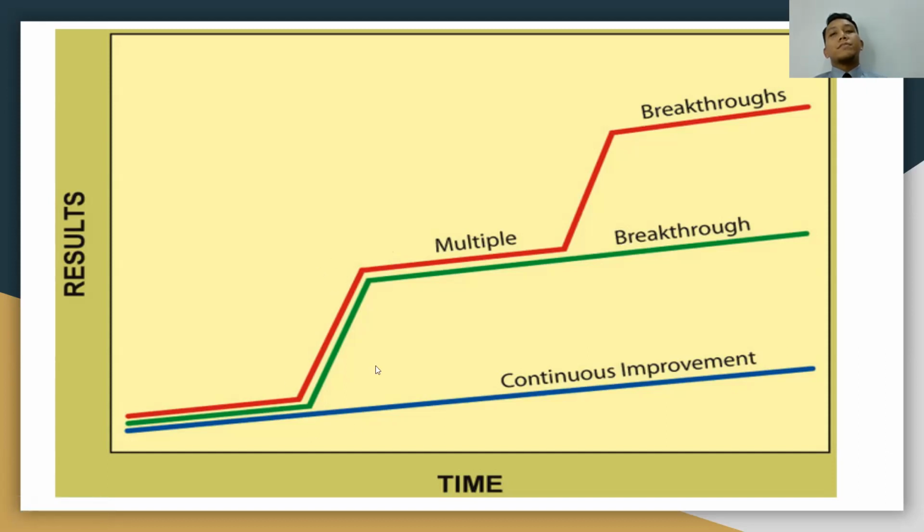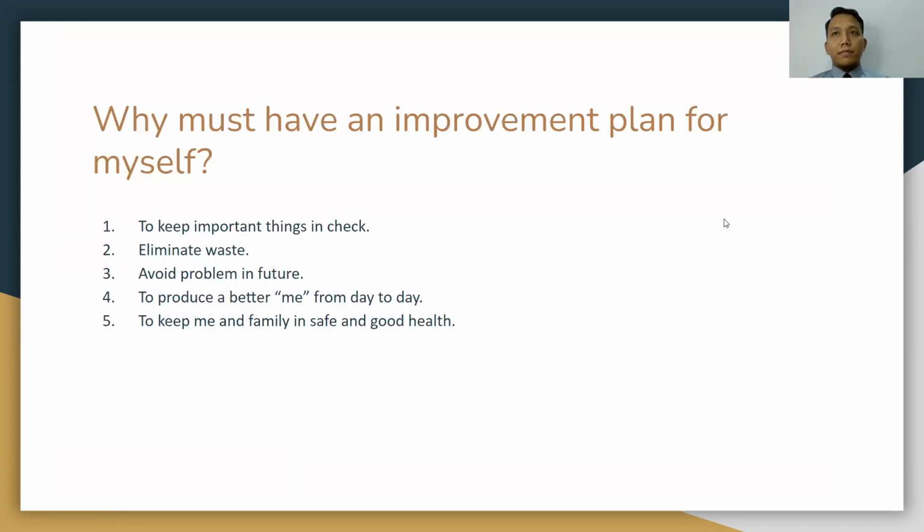You can see this suddenly increased line is a breakthrough, and after that it becomes continuous improvement, little bit by little bit, and then suddenly a big breakthrough again. So that is what I can show you about combined improvement. Okay, next.